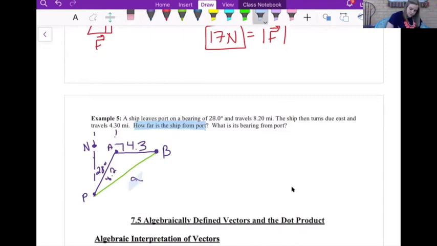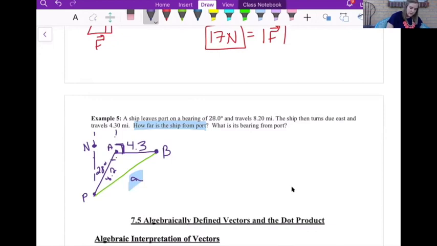And so let's start with that. So we have side A, and then this is a right angle, not a 7. So we know that this is 90 degrees, and then we know that this angle would be 28.